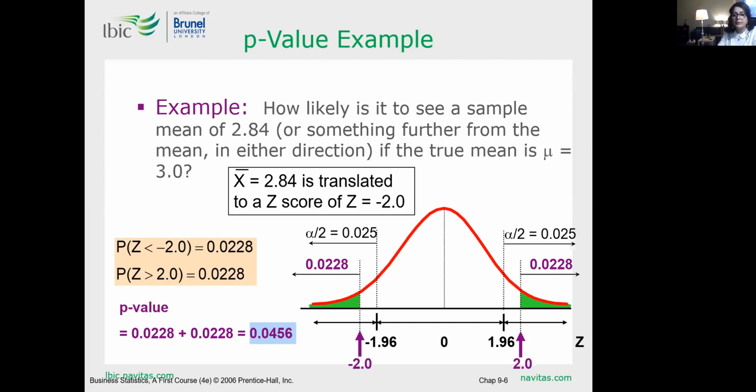The p-value is then compared to half of alpha, not the full 0.05.